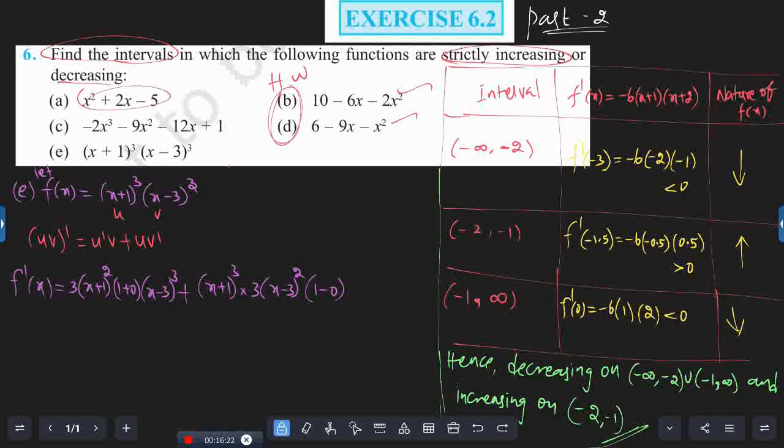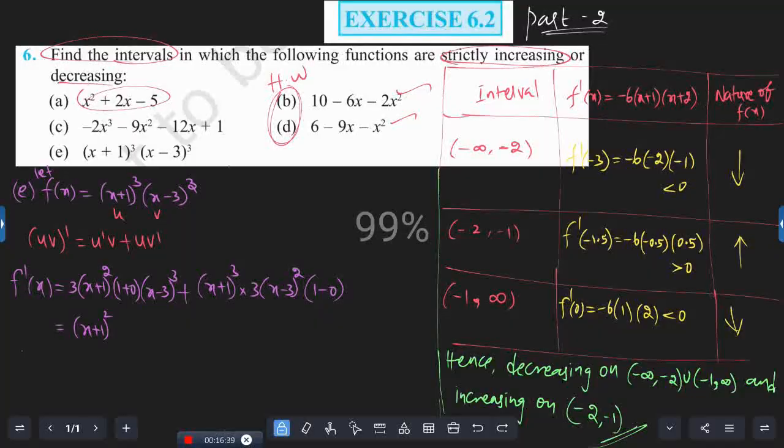Now what is common? You just see, children. (x plus 1) we have in both cases, but in one place square, in one place cube. Square you take outside, so (x plus 1) whole square we can take outside. One more thing we have: number 3 is common in both places.